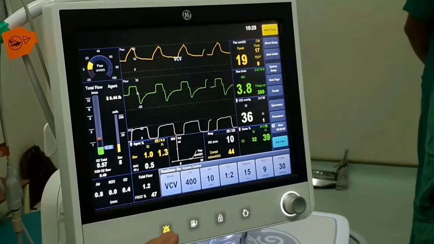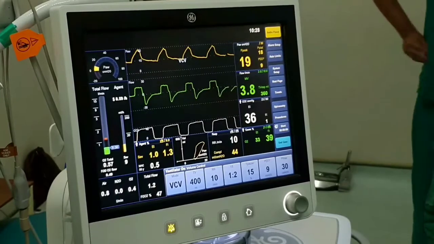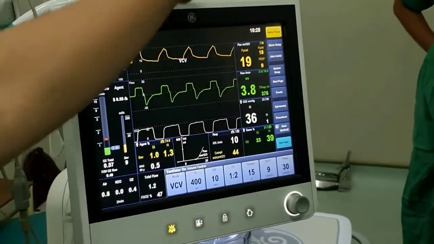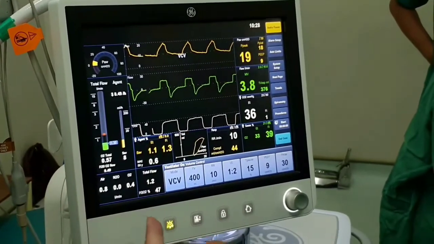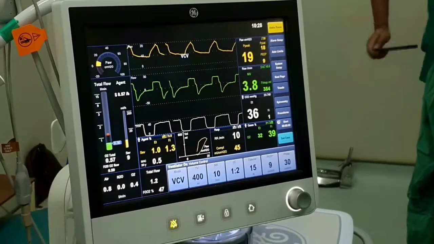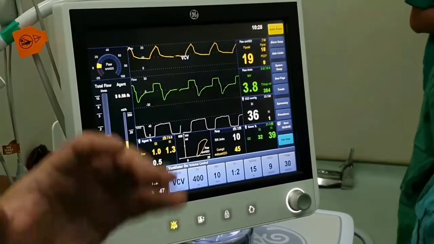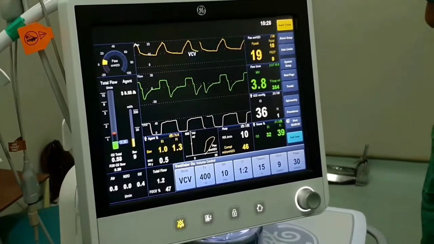Next, you look at the FiO2. FiO2 is around 40%, and your patient's SpO2 is 99. So this can actually go down lower if you want. The thing to remember about FiO2 is you treat the patient, not the patient's lungs. You treat the whole patient.